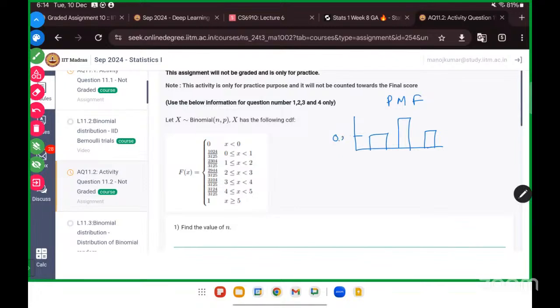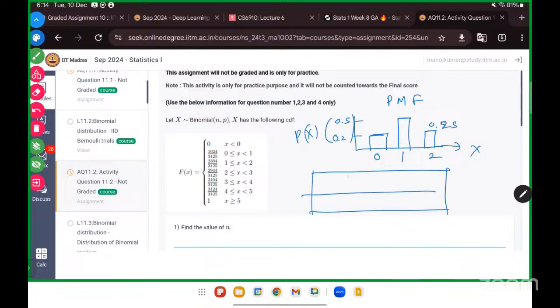Let's say this is 0.25, this is 0.5, and this is also 0.25, for x values 0, 1, 2. What I'm mentioning here is the probability of x, written p of x.